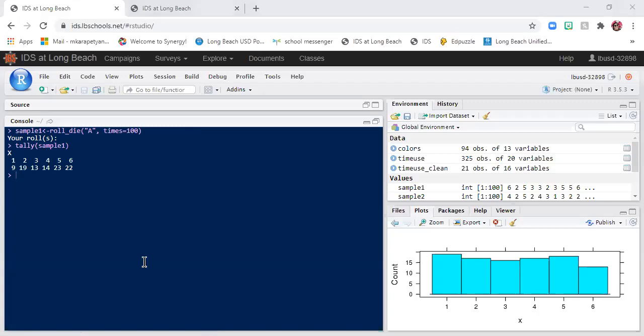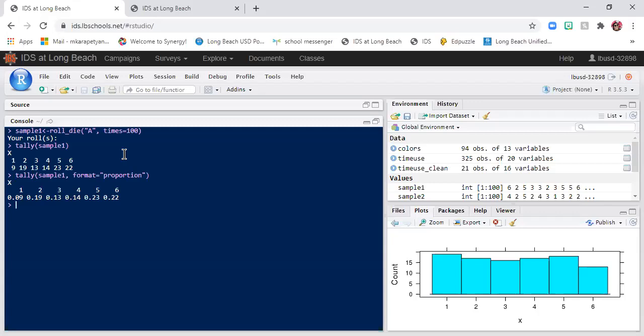And then if I do the tally function, but I add a little modification to it, after sample 1, I do format equals, and then in quotations, proportion. That is going to give me the decimal proportion of how often each number showed up compared to the other numbers.